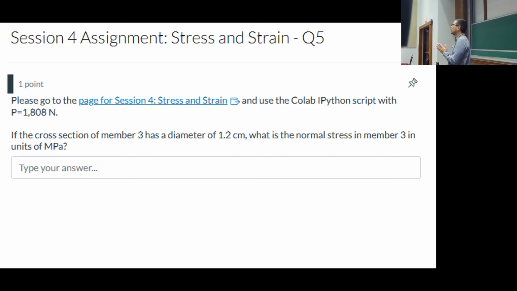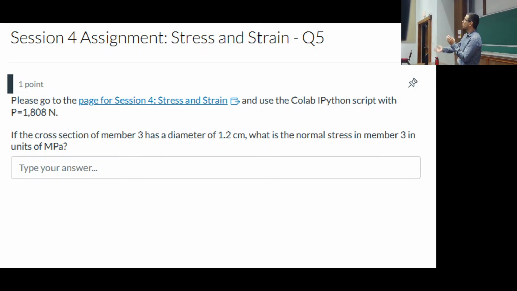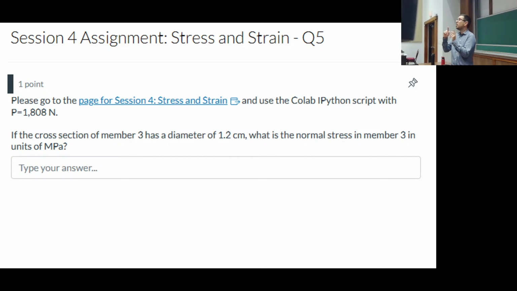Because for different materials, the structure will change. Okay, so the structure will change, yes. So stress is associated with deformation, and that's what we call strain. We're going to talk about that in a second, okay? But why else? Yes?